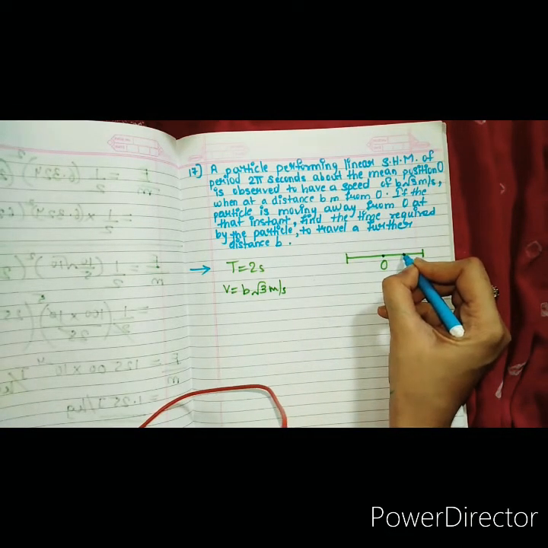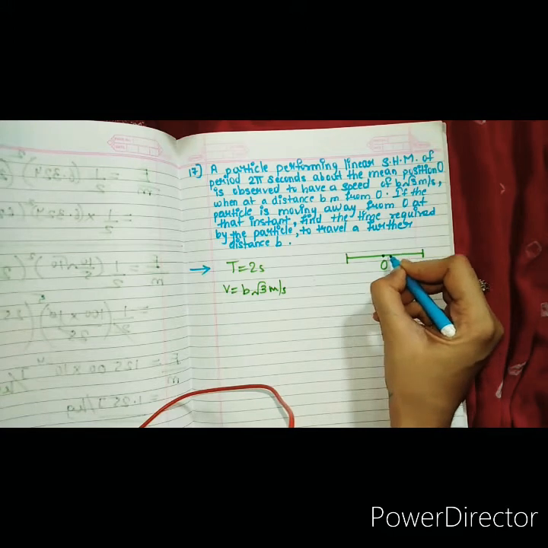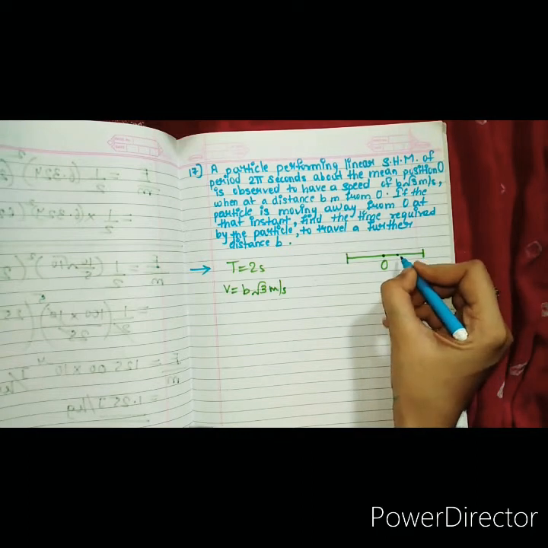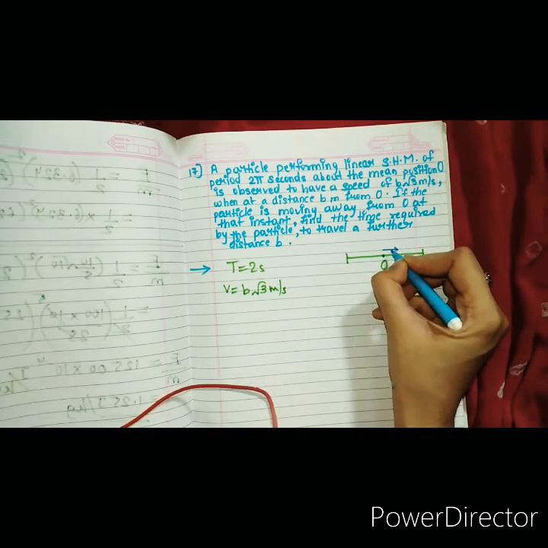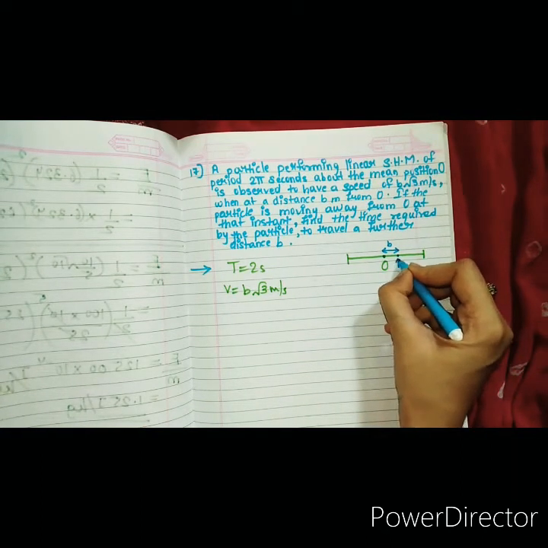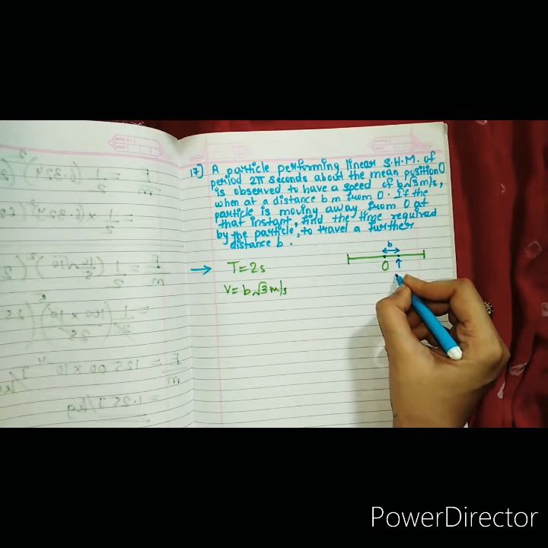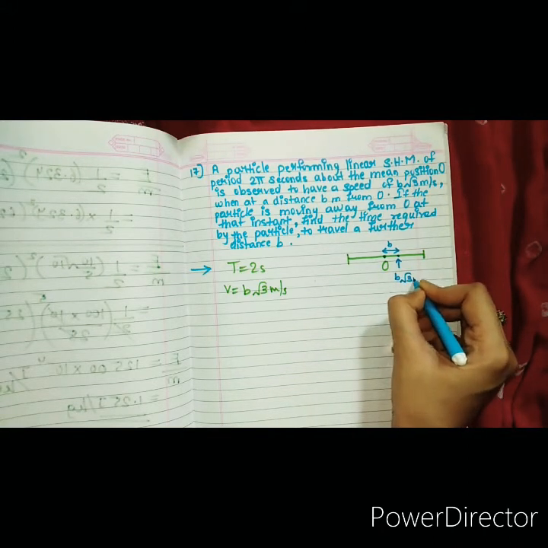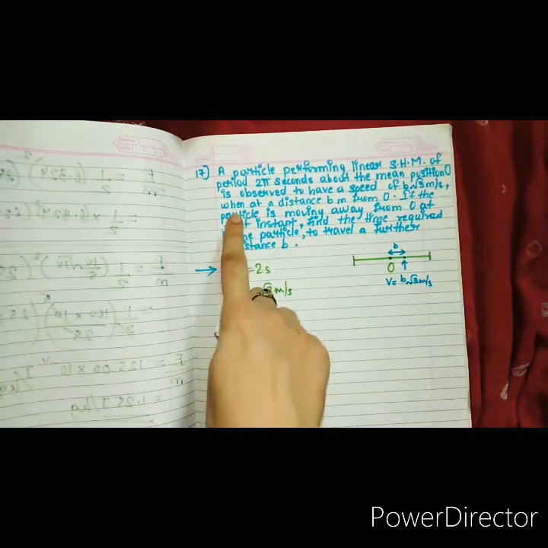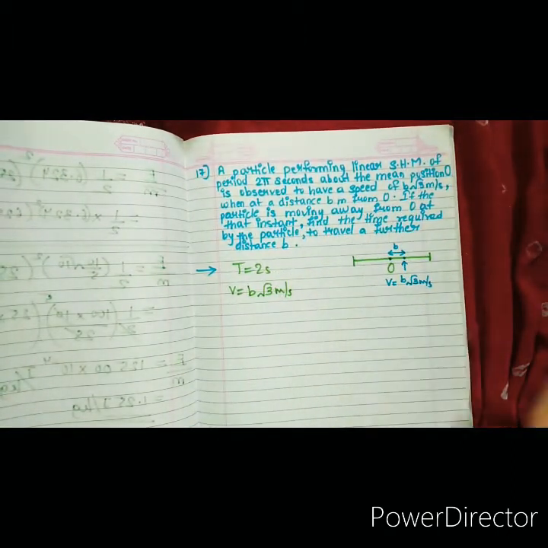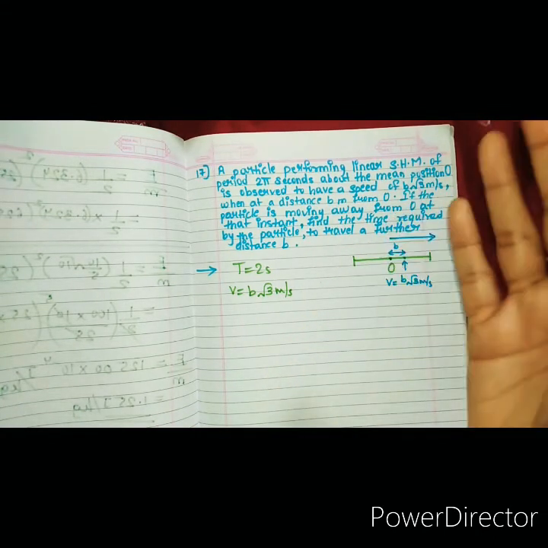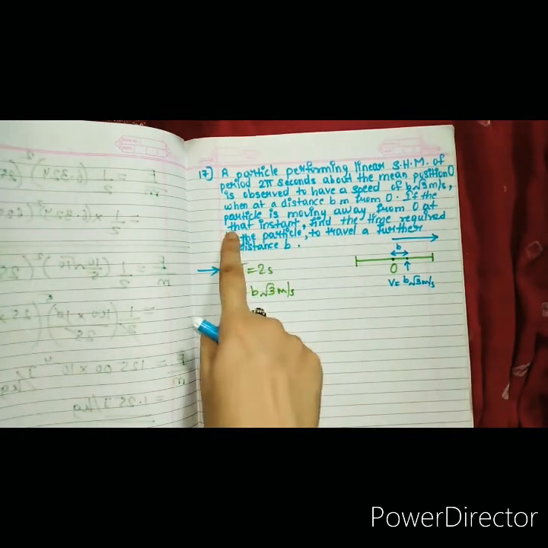Suppose it is over here, at this position, b meter from O. At this position, the velocity is b under root 3 meter per second. This is the velocity at this point. If the particle is moving away from O, it shows my particle is moving at this side, away from O. Let's take it towards the positive side only.